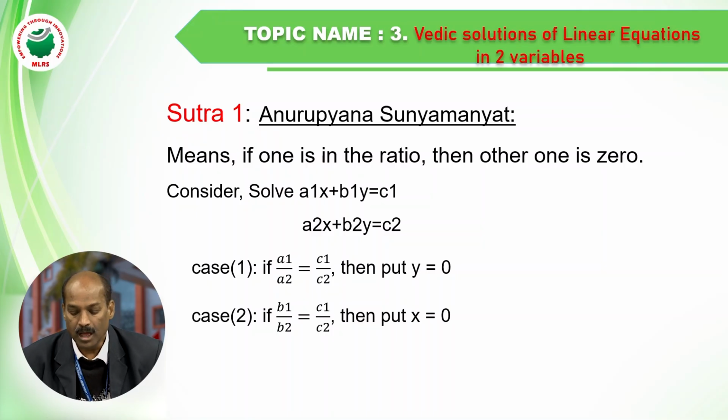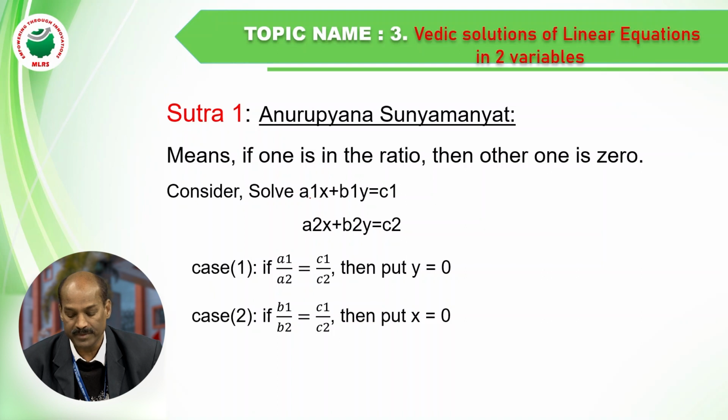Sutra 1, Anurupyena Shunyamanyat. Anurupyena Shunyamanyat means if one is in the ratio, then the other one is 0. If one is in the ratio means, for example, we have x coefficients. Here, what are the x coefficients? a1.